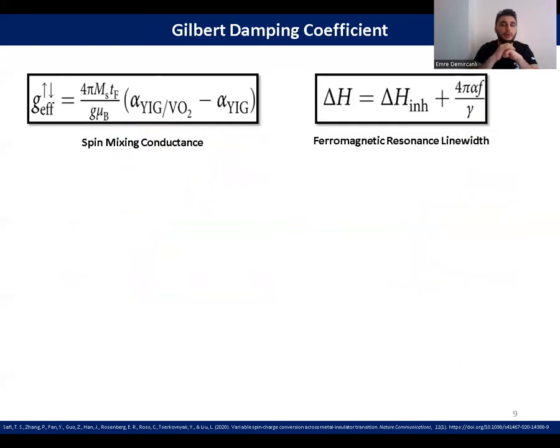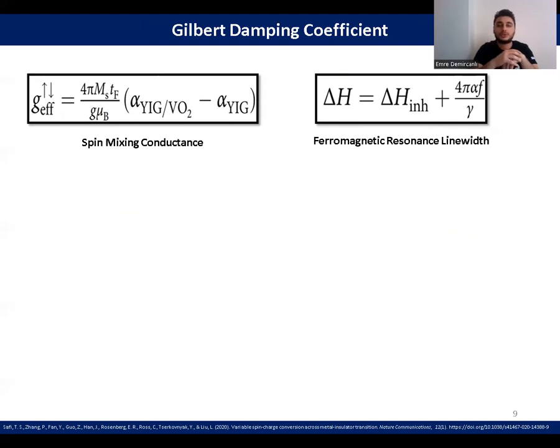Now let's talk about the Gilbert damping coefficient. Here we can see the spin mixing conductance and ferromagnetic resonance linewidth with expressions. Spin mixing conductance can be defined as the flow rate of the spins leading to the formation of the inverse spin-Hall effect voltage and is determined by the differences between the interfaces.